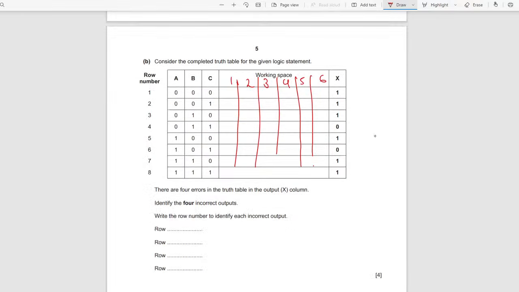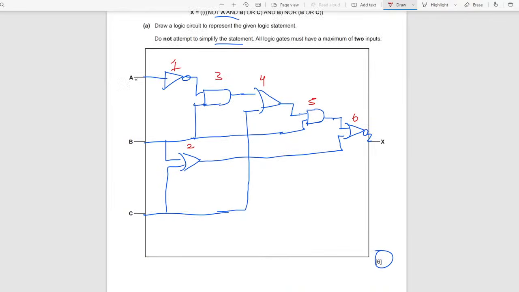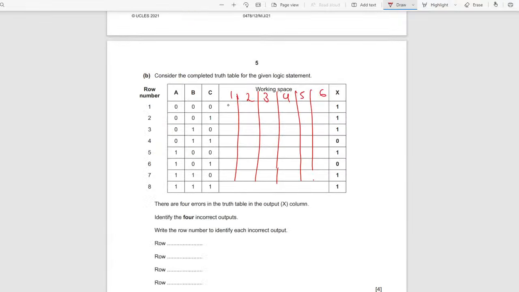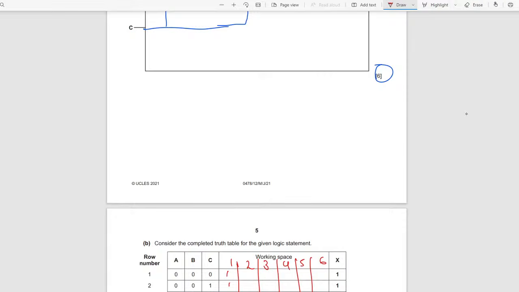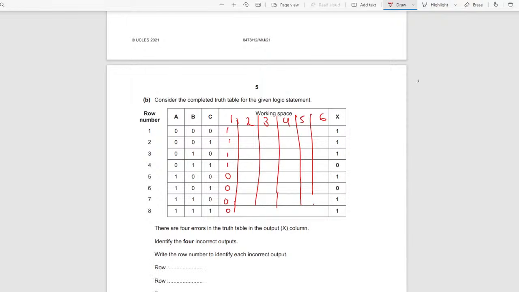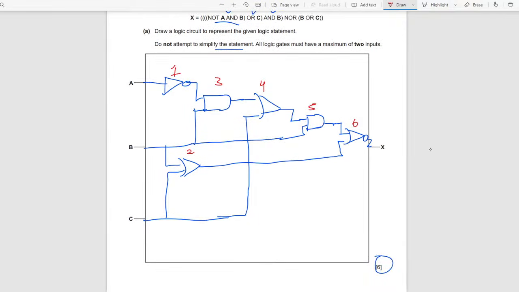Okay, so let's talk about number 1 first. Number 1 is not A, meaning the opposite of A. Okay, that will be the first one. Then 2 is B or C, so we add B and C. And then number 3 is 1 and B, and it's an AND gate.